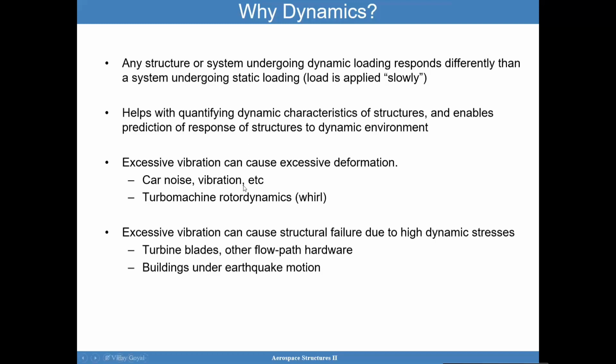Such imbalances can also occur in turbine blades or rotor dynamics. You could have a blade that's not of equal mass to the other ones, and then this will cause excessive vibrations on that particular turbo machinery. So why dynamics? Because dynamics can drive failure, and we need to really understand it.